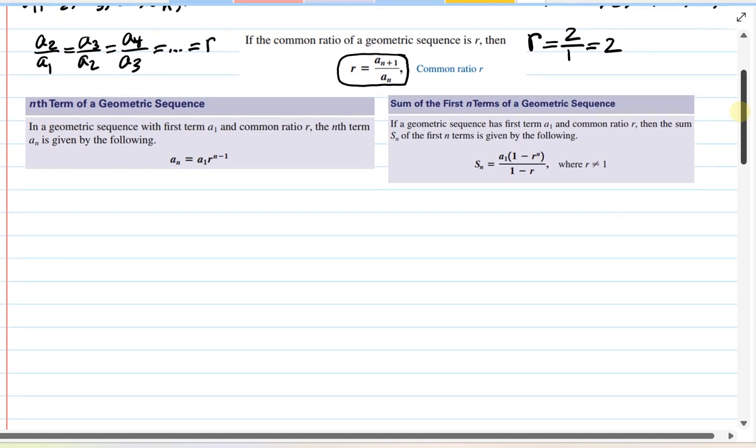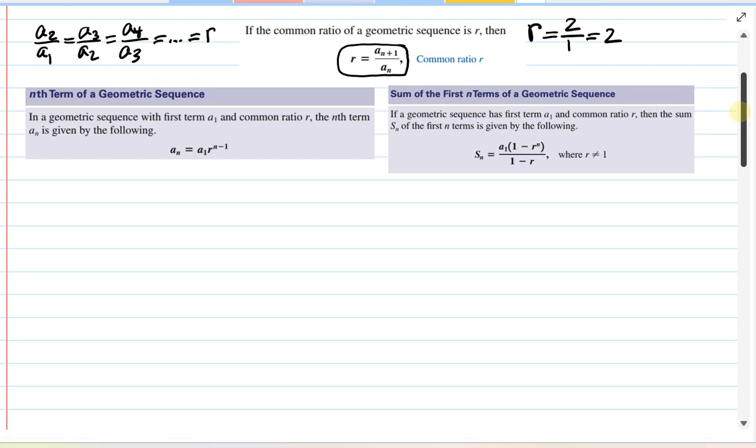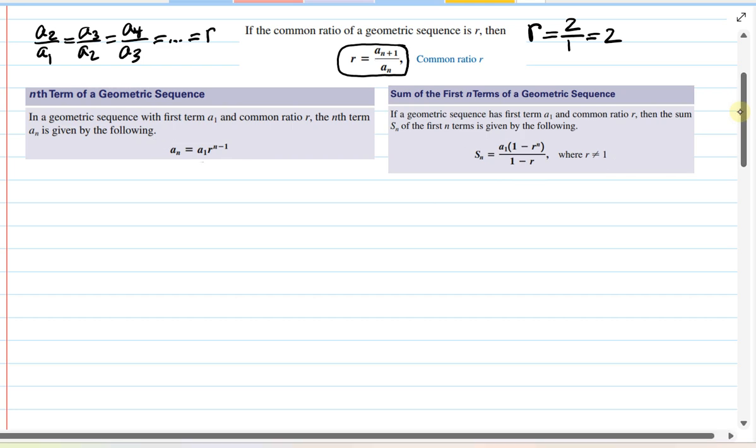Now, how do we come up with a function for the nth term of a geometric sequence? You're looking at it here. And the one next to it, of course, gives you the formula for the nth partial sum. That's what this one is called. And it's called partial because it's a portion of an infinite geometric sequence.